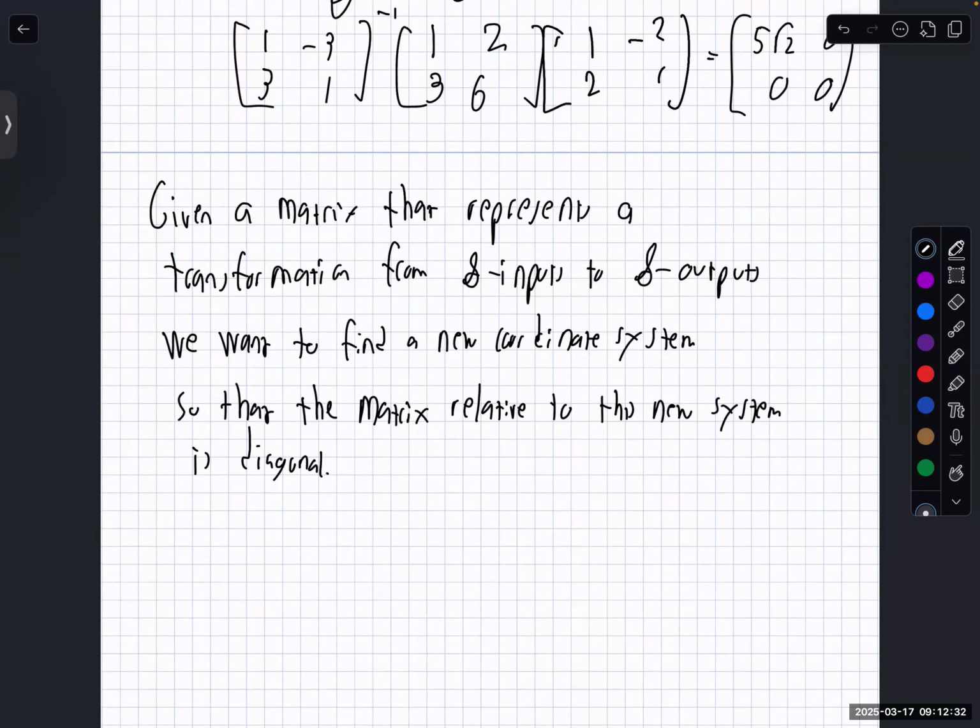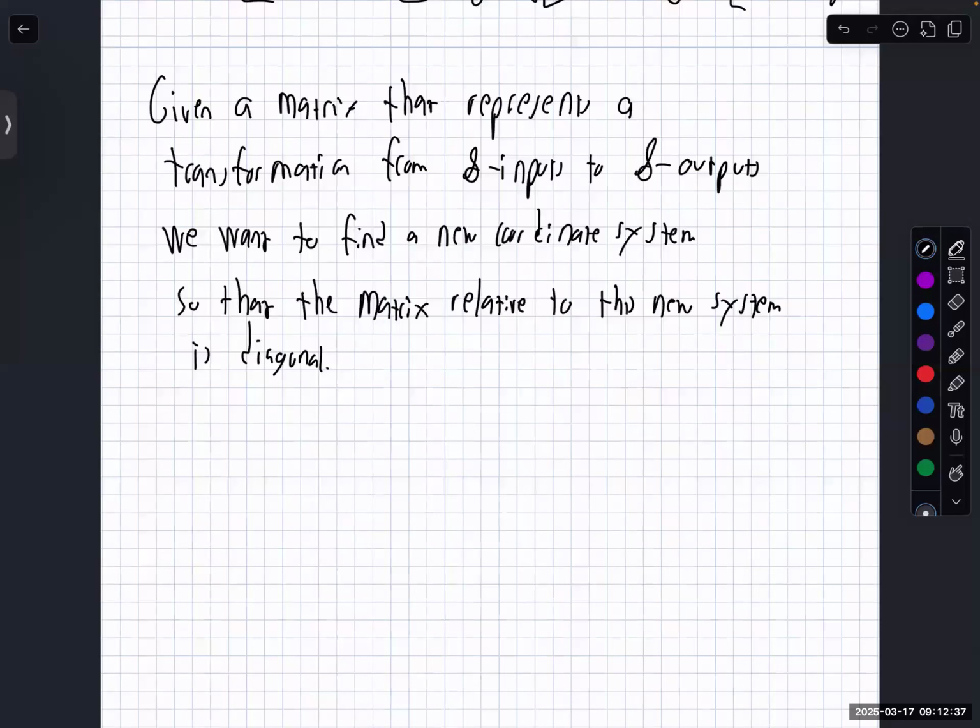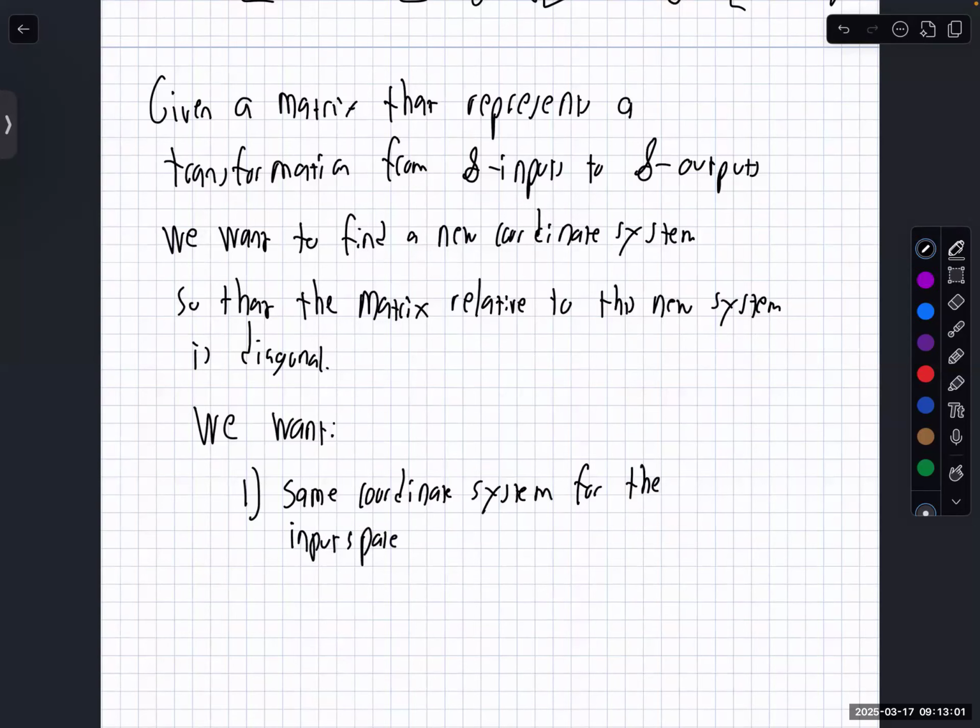Okay, and then there's kind of 2 things that we want to happen. One, we want the same coordinate system for the input space and the output space.